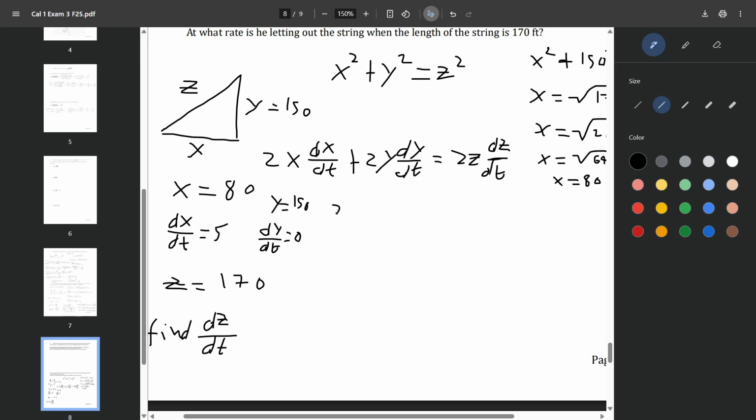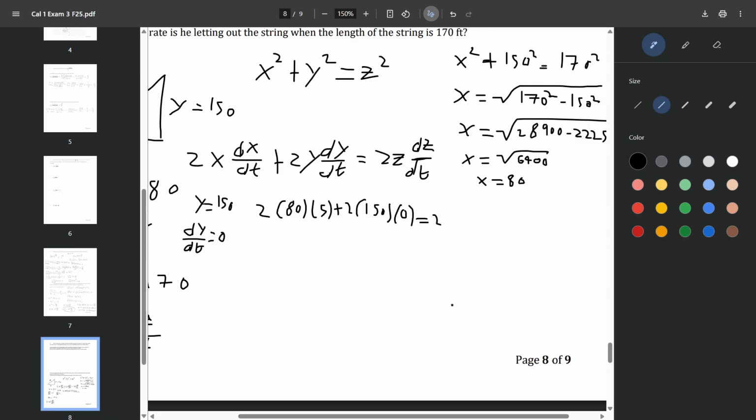So we have 2 times 80 times 5 plus 2 times 150 times 0 equals 2 times 170 times dz over dt.